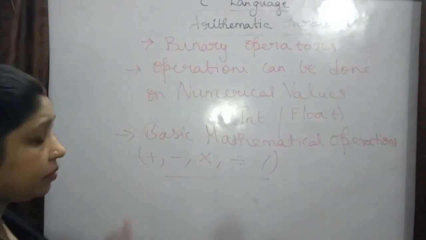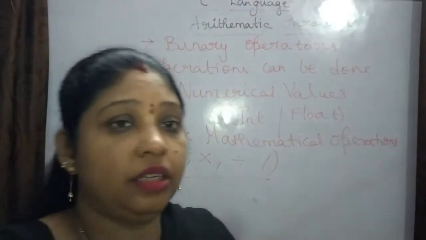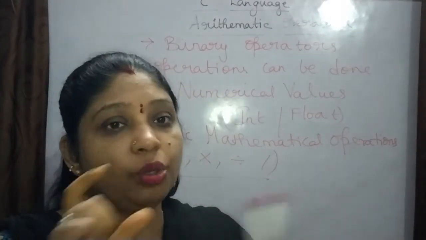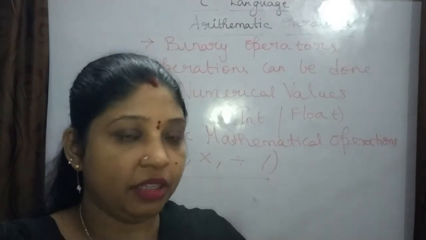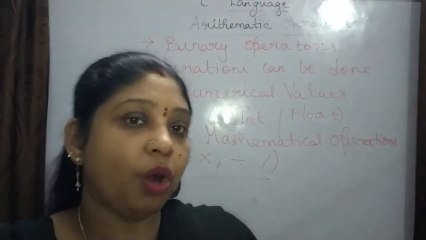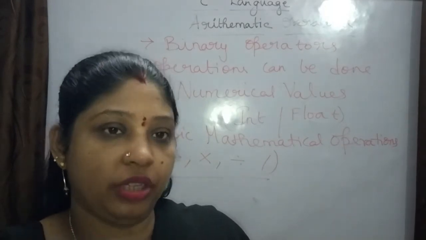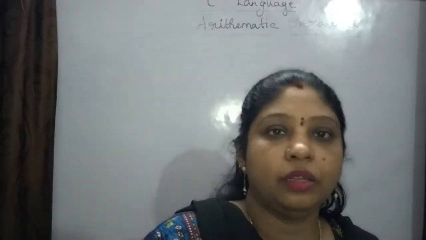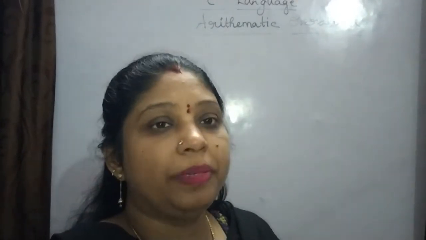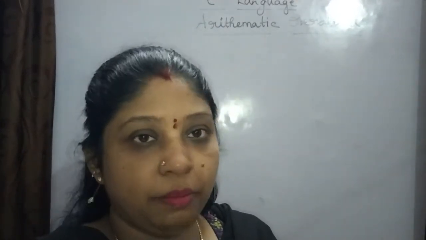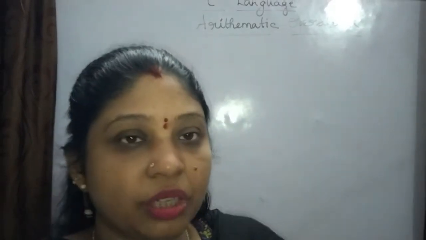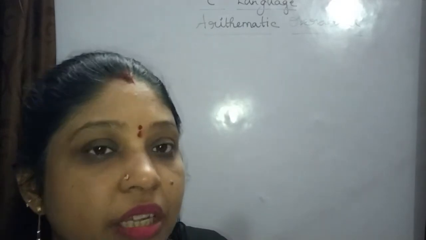Now I'll give you one small chart where you will find operations, the meaning of each operation, operators, the meaning of that operator, and how you are going to perform on the integers or constants. I'm going to give some examples for operations like plus, minus, multiplication using int and float.